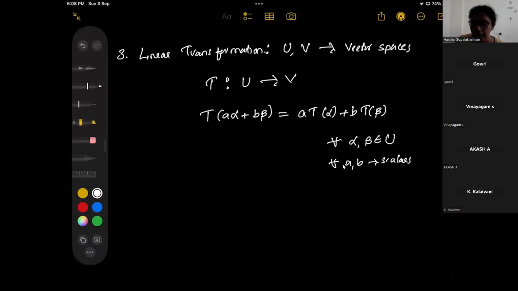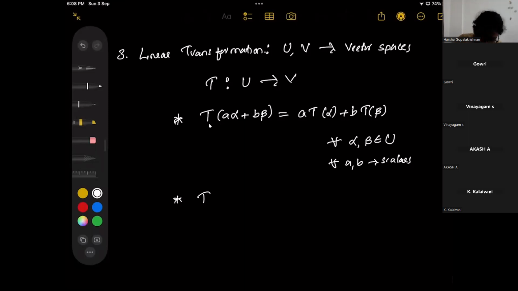From that field, we will take the scalars. So this is the condition. Either we can tell like this, or we can tell that here what we are having is vector addition and also scalar multiplication. So instead of writing it combinedly, we can write it separately also.